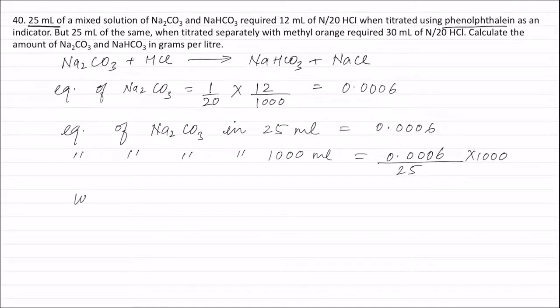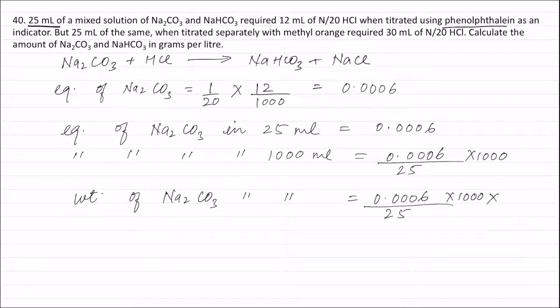From this, weight of sodium carbonate in 1000 milliliter will be equal to equivalents of sodium carbonate, that is 0.0006 divided by 25 into 1000, into equivalent weight of sodium carbonate, that is 106.